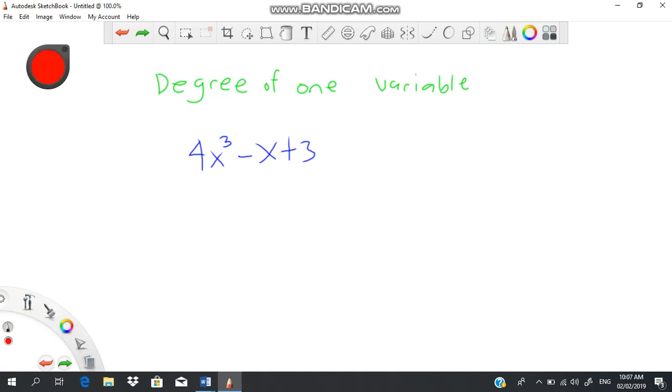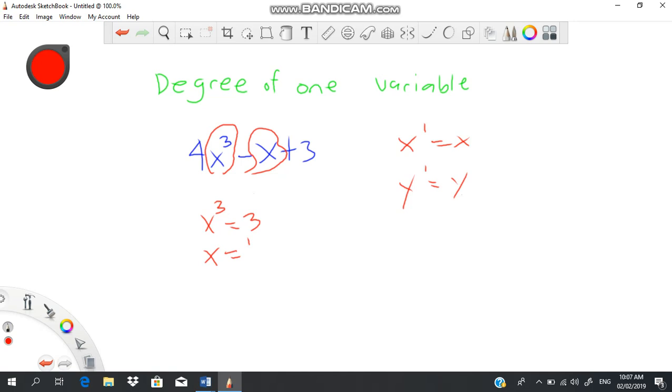The degree of the variable x: x cubed has a degree of 3 or exponent of 3, and x here has a degree of 1 because x raised to 1 is equal to x, or even y raised to 1 is equal to y.